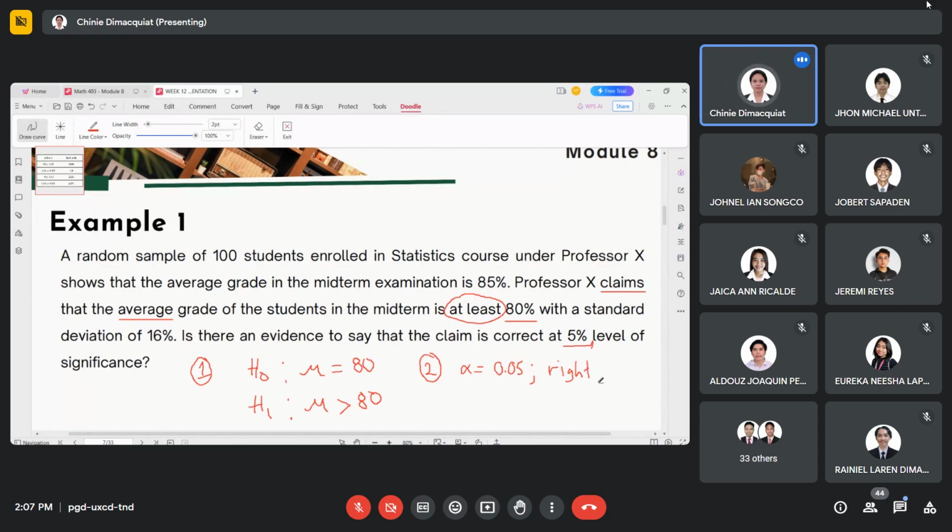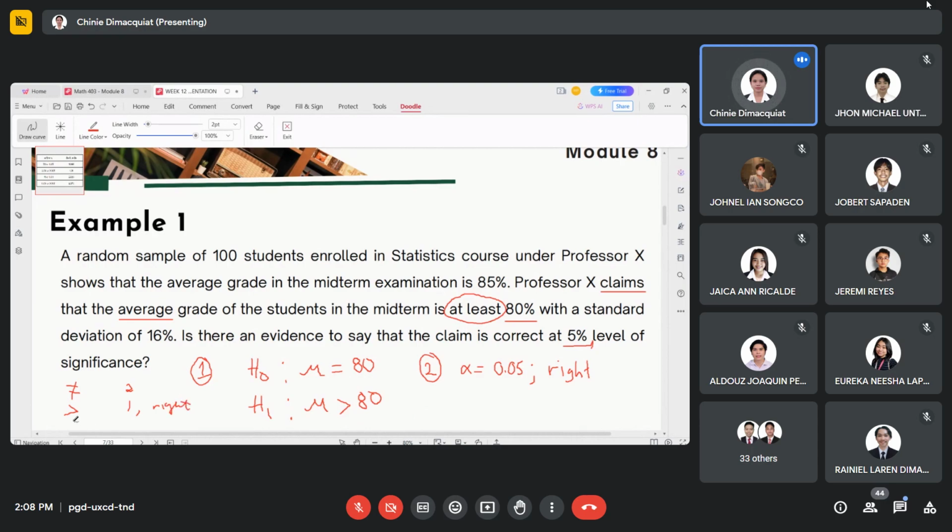Right-tailed test. Sa pagkuha ng ating direction ng test, refer lang tayo sa symbol na ginamit kay alternative hypothesis. If not equal to, then two-tailed. If greater than, one-tailed and right.